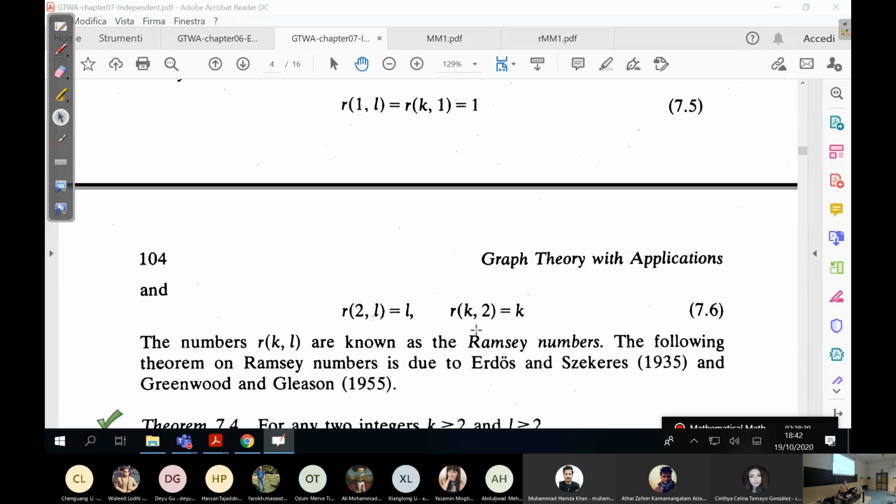Let's take now k equal 20, R(20, 2). What does it mean? If you draw any graph with at least 20 vertices, either it has a clique of 20 or it has an independent set of 2. What is an independent set of 2 vertices? Two vertices which are not adjacent, for which there does not exist an edge between them.